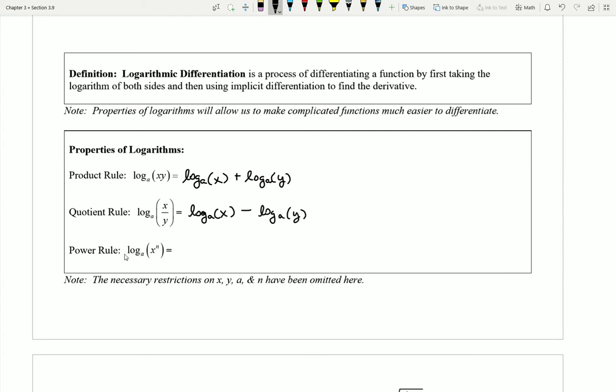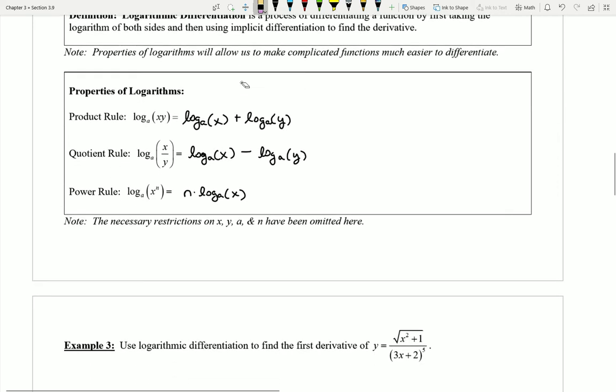And then the very last one here, the power rule, said that we were able to go ahead and take this power of n and actually pull it down to the front of our logarithm, ultimately leaving us with n times a log base a of x. So these are our different rules that we have here, and we're going to see why exactly we can use these rules together with this process of logarithmic differentiation to potentially save some time when calculating certain complicated derivatives.